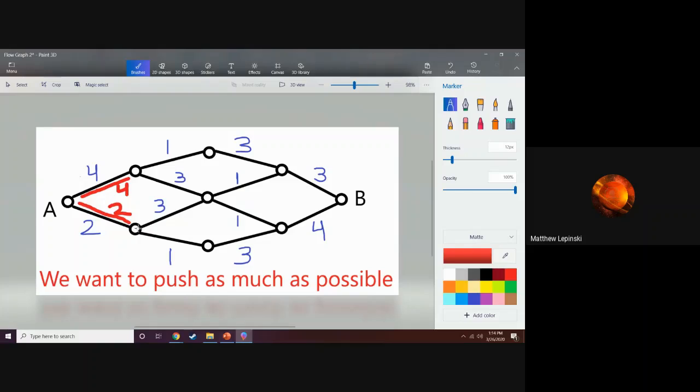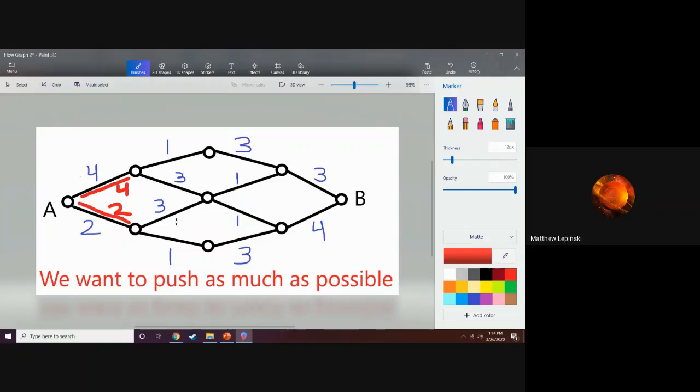At this point, I have 2 units coming in, and I have capacity. I could send all of those 2 units up here, or I could send one of the units down here. I've only got 2 units of flow coming in here, and so I can't use all of the capacity that I have coming out of this junction.